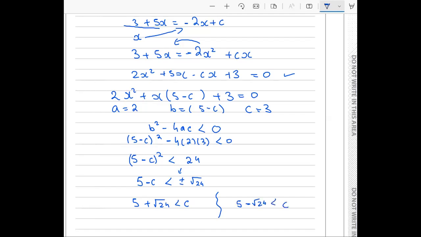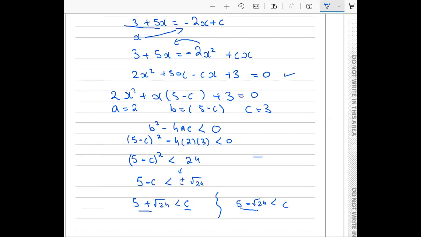And this does not make sense. The fact that c is greater than this value and again c is greater than this value does not make sense. We need a range, and these two ranges are not satisfying each other.